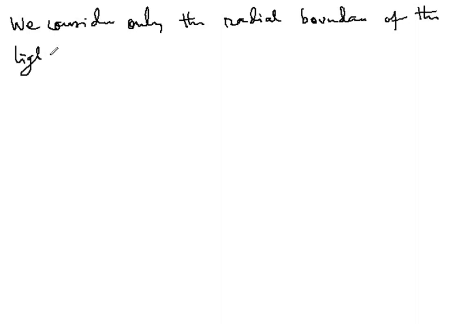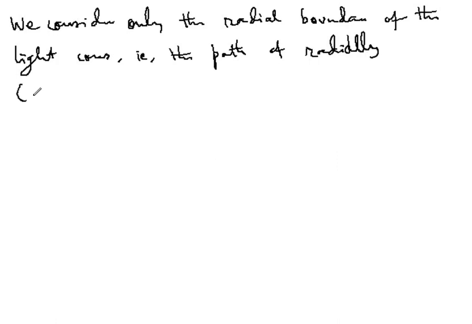Now we consider only the radial boundaries of the light cones. That is, the path of radially emitted photons, which means d theta equal to d phi equal to 0.